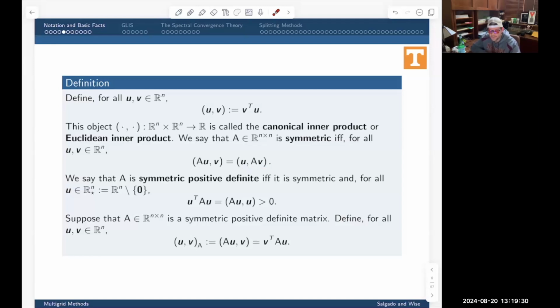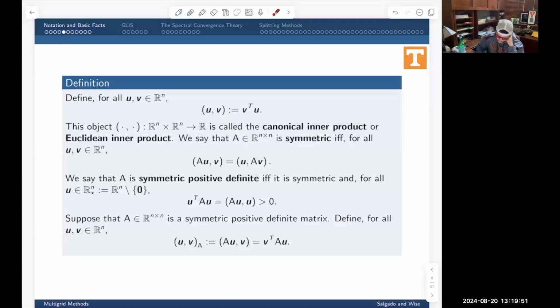Your previous definition, or probably favorite definition of symmetry, was that A transpose equals A, right? Actually that's equivalent to what I've said here, and we'll touch on that in the next slide. But I just want to show you what symmetry means with respect to a generic inner product.